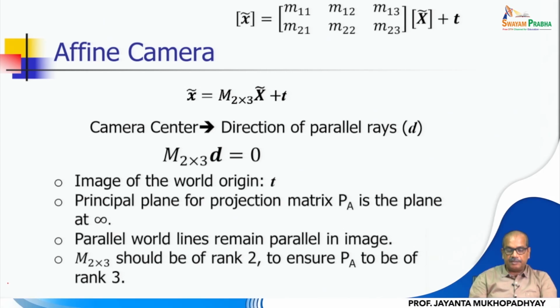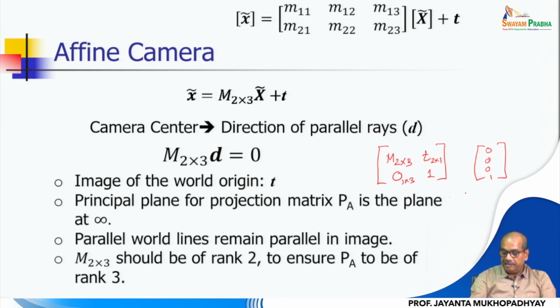First thing is that the image of the world origin is at T, because the world origin is given by 0, 0, 0, 1, and if I write the affine matrix, you can see that I will be writing it as M2 cross 3, this is a 0 vector, which is basically a 1 cross 3 0 vector, this is T, which is 2 cross 1, and this is 1.